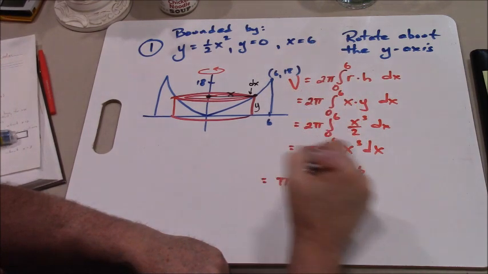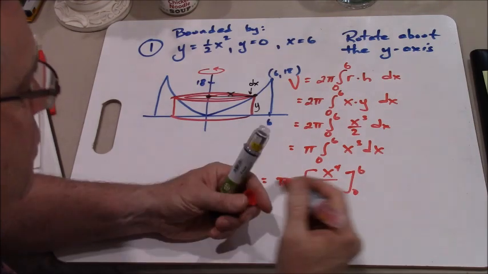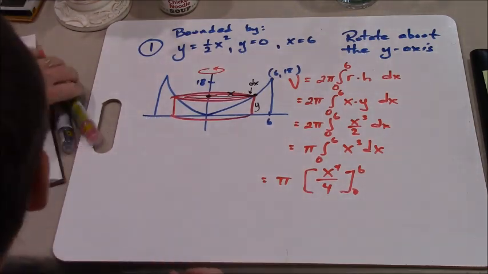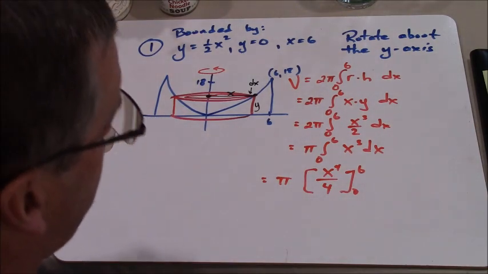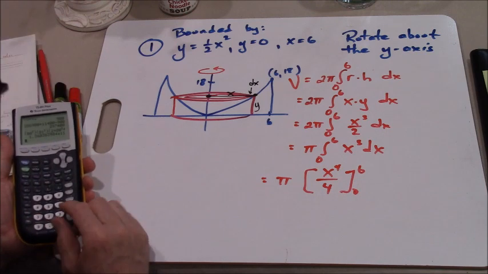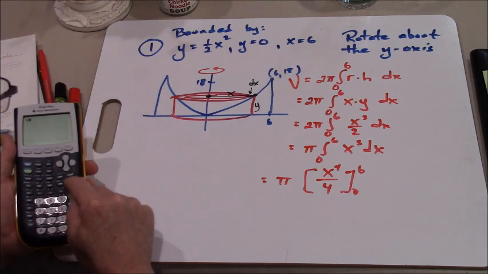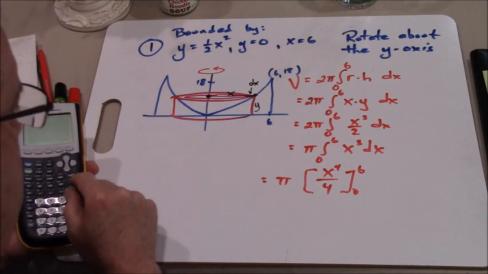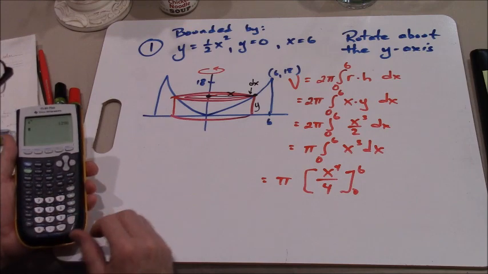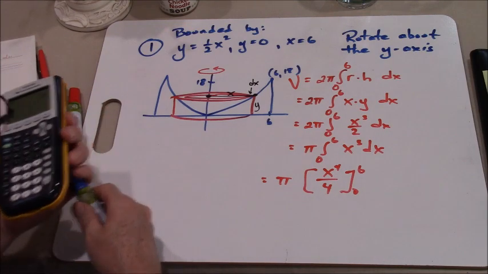All right, so I plug in a 6. I do not know what 6 to the 4th power is. So 6 raised to the 4th, that would be 1,296.